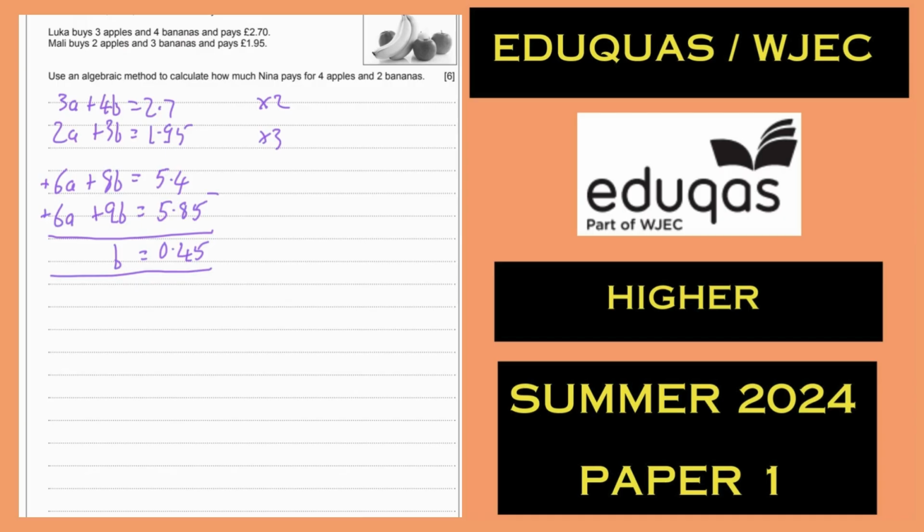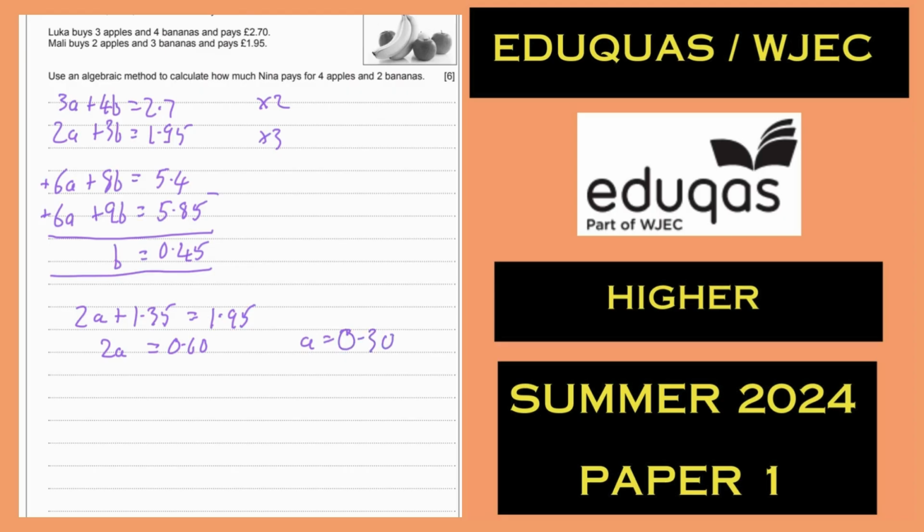Pick any of your original 2 equations. I think on my original one, I went for the bottom one, so let's do the same again. 2 apples, 3 bananas, so 45p, 90p, £1.35 is £1.95. The difference, take away £1.35, 2 apples are 60p. 1 apple is 30.